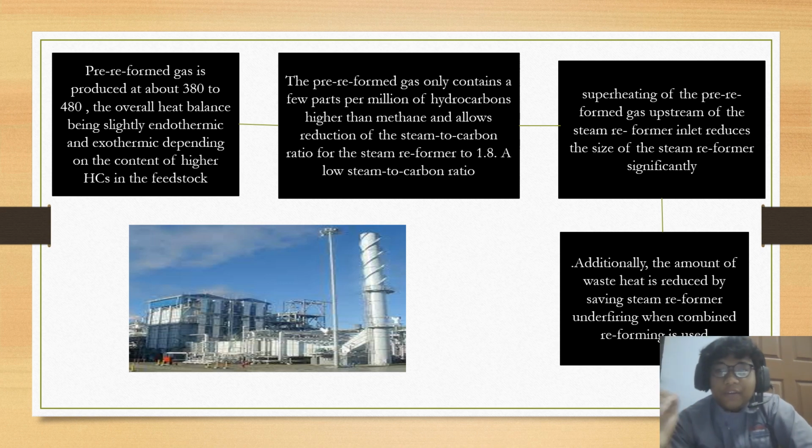Superheating pre-reformed gas upstream of the steam reformer will reduce the size of the steam reformer significantly. Additionally, the amount of waste heat is reduced, saving steam reformer firing when combined reforming is used.